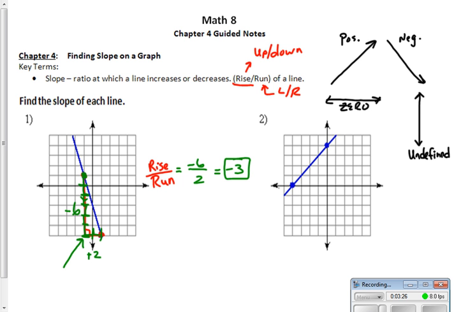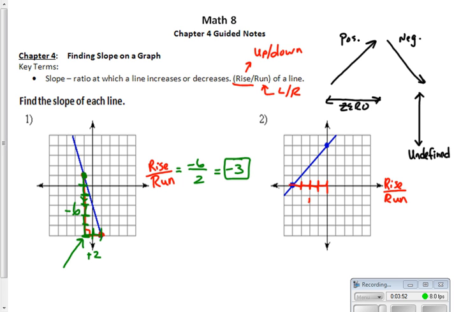If we look at example 2 here, that line is increasing and it is positive, so therefore we should have a positive slope. Again, rise over run. They give us 2 points. Start with one of the points, it doesn't matter where, and we're going to go ahead and construct that right angle. So I'm going to start here and I'm going to move 1 unit, 2, 3, 4.